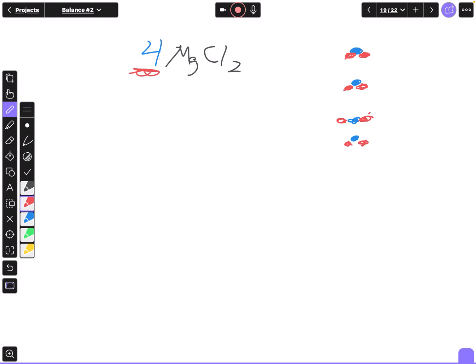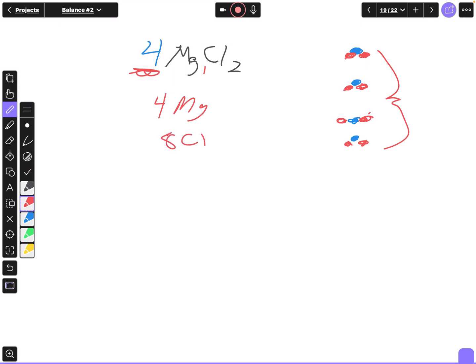So when I'm figuring out the number of atoms, if I count up my blue, I'll have 4 magnesiums total in this whole thing here. But I'm taking this coefficient and multiplying it by the subscripts. 4 times 1 gives me 4 magnesiums. And chlorine, 4 times 2, total gives me 8 chlorines.